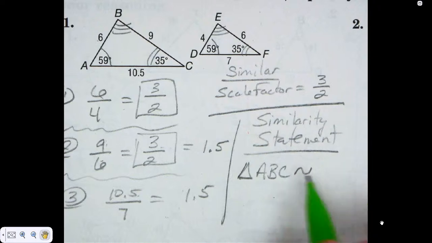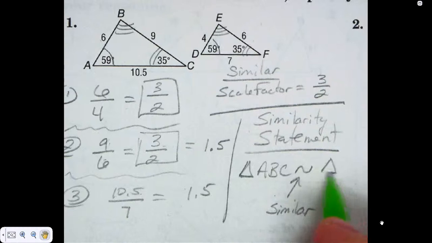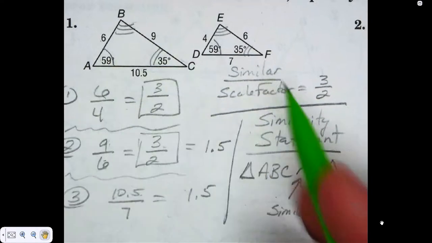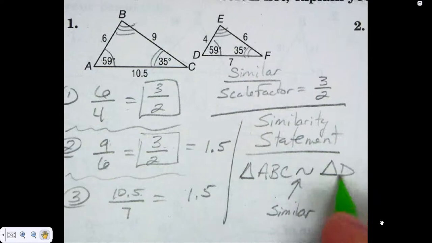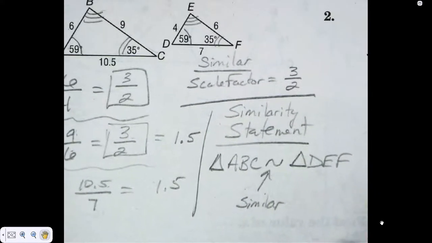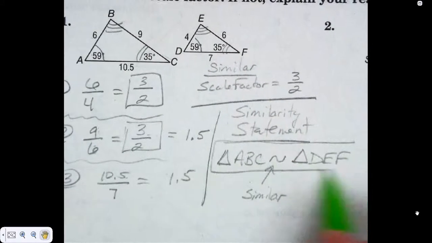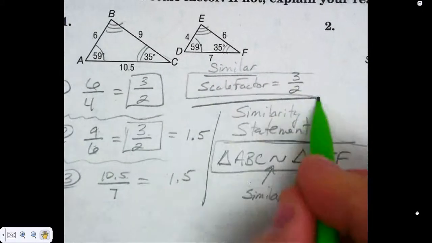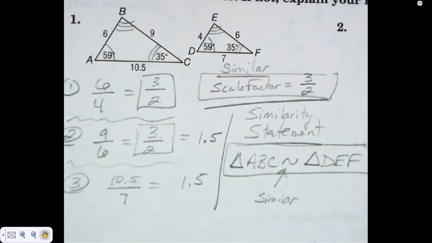That means similar. Triangle, well, if I did ABC, what order does the other one need to be in? D, E, F. Agreed? So now I've done the 2 things they asked me to do if they were similar. Questions on that? It's not too terrible, is it?